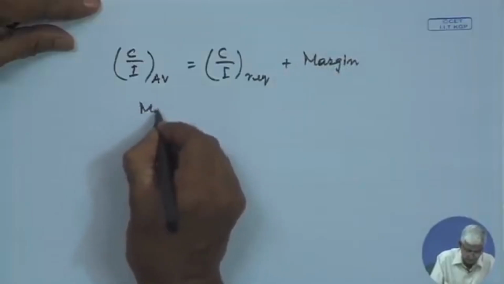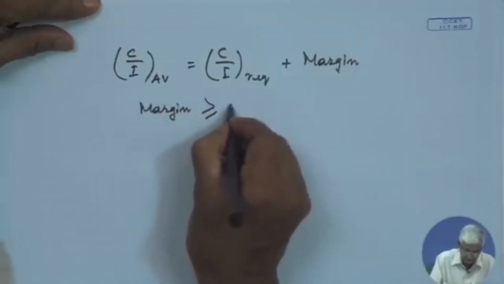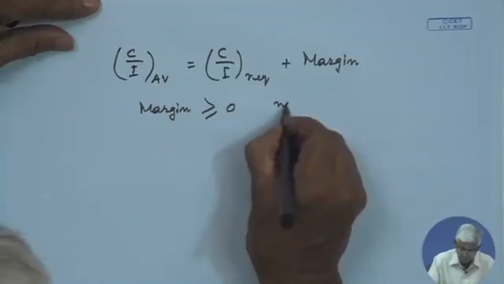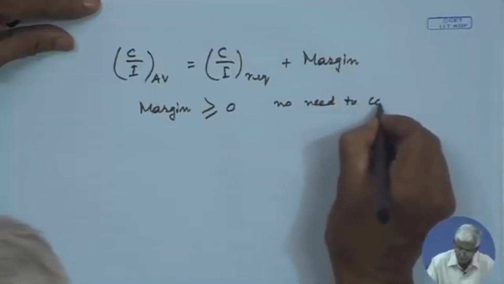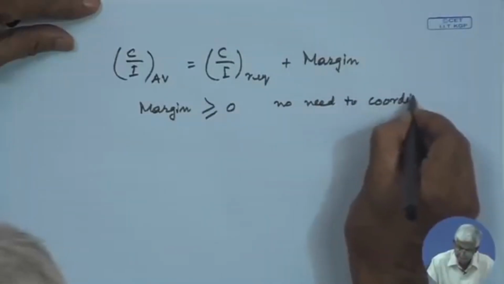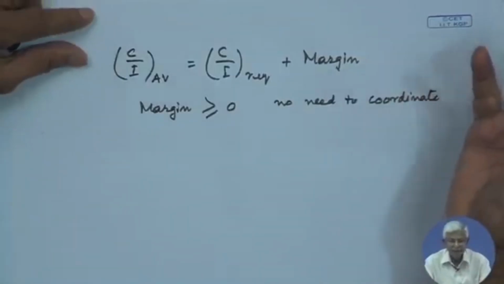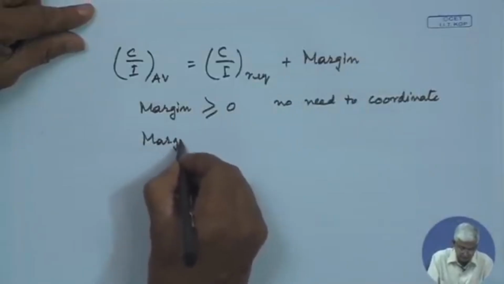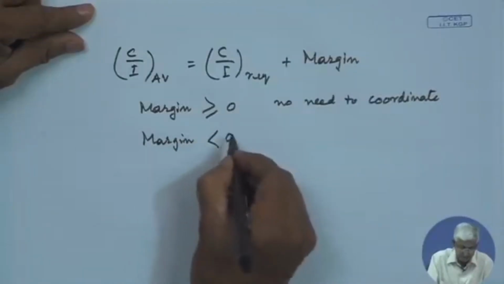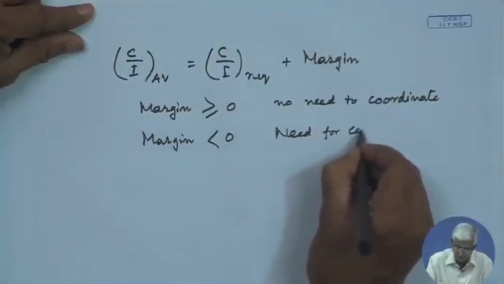If this margin is greater than or equal to 0, there is no need to coordinate with the operator which is interfering. But if the margin is less than 0, then there is a need for coordination.